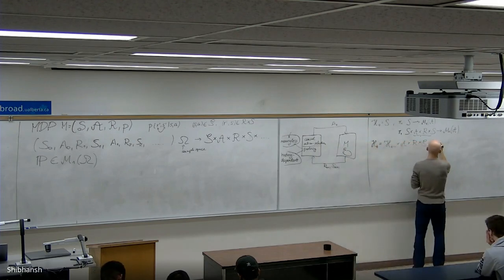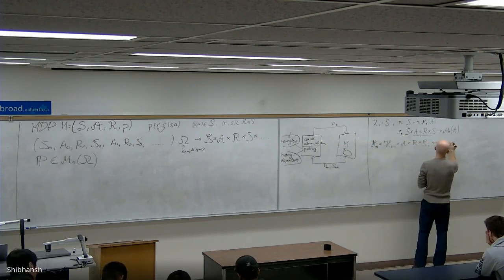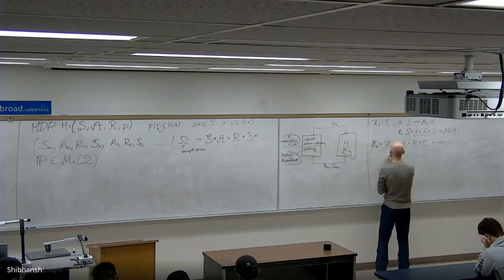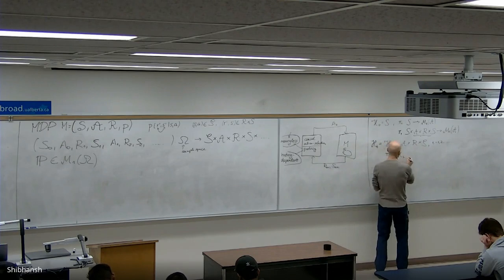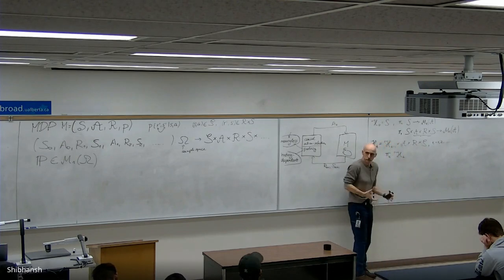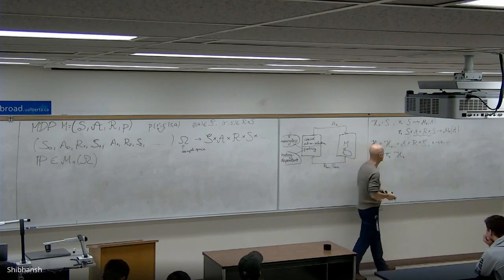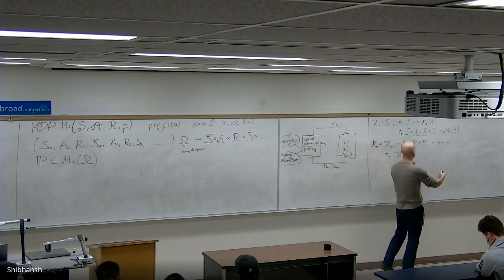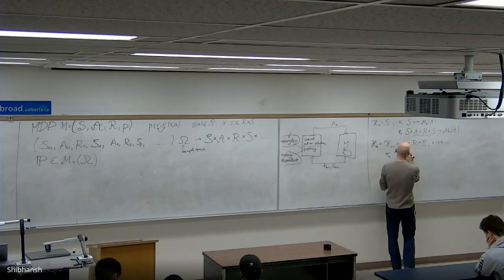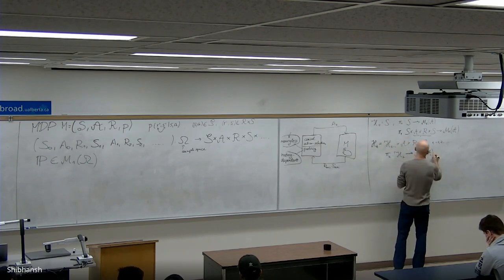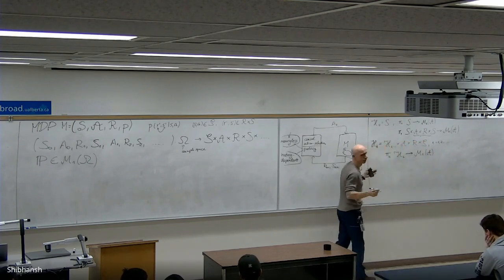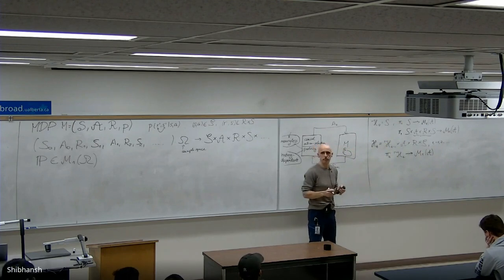This starts at t equals 1, and so on and so forth. And then generally you can write that the policy is going to map an element of the possible history up to time t, whatever is known to the policy at time t, to a distribution over the actions. Right? Just notation.